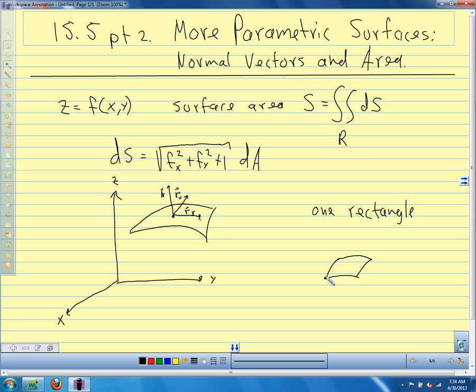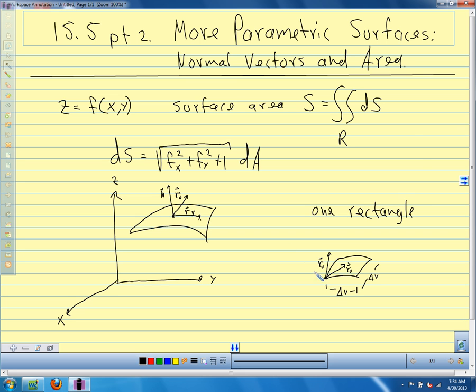We're looking at a point here, and we're taking a partial derivative with respect to v as a tangent vector in one direction, and the partial derivative with respect to u in the other direction. And we're looking at a small change, delta u, in this direction, and a small change, delta v, in this direction.